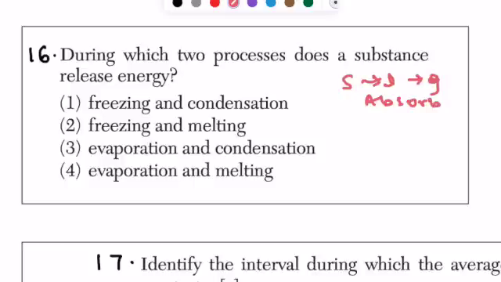If, however, we are going from the gas to the liquid to the solid, now we are bringing the particles closer together. So in this case, they are going to release the energy. So the question is asking for something that is releasing, so we have freezing, which is going from liquid to solid, or condensation, which is going from gas to liquid. So that is your answer.